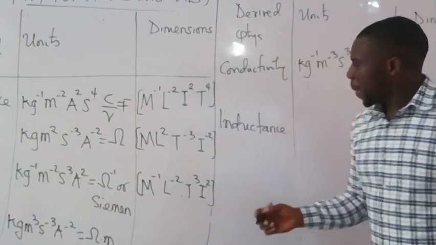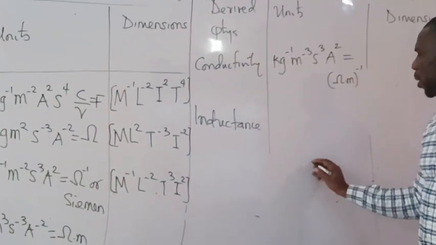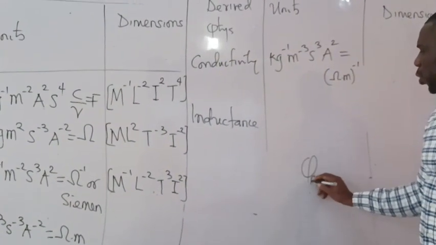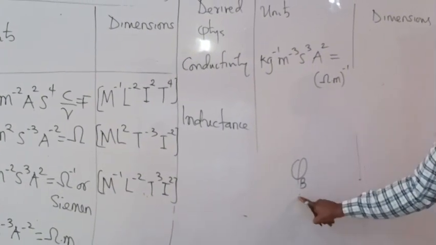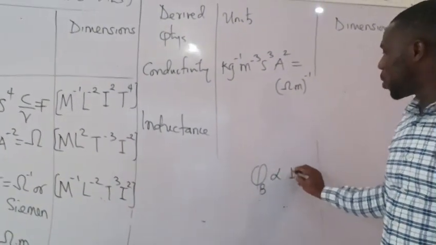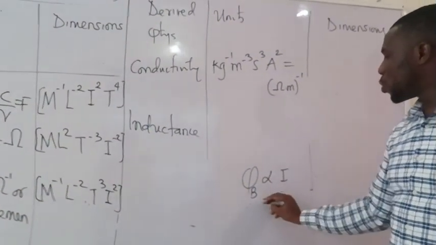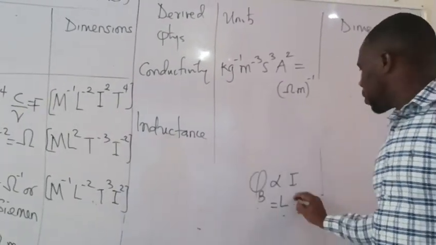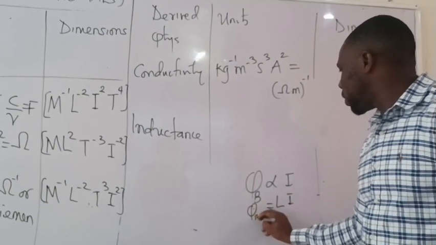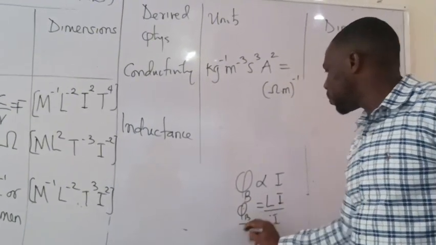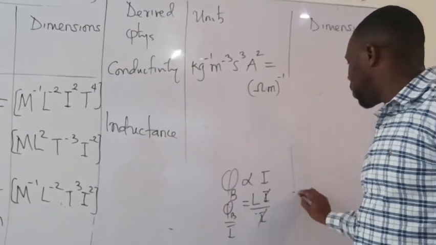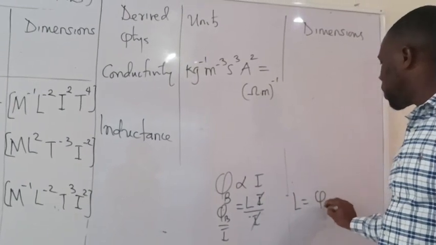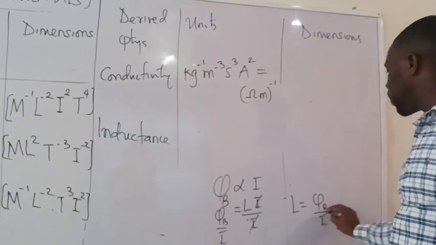Inductance is simply the proportionality constant that relates the magnetic flux to the current. So I could replace with an equal sign with that constant. This constant is the inductance. So if you divide both sides by the current, you figure out that inductance becomes the ratio of magnetic flux to the electric current.